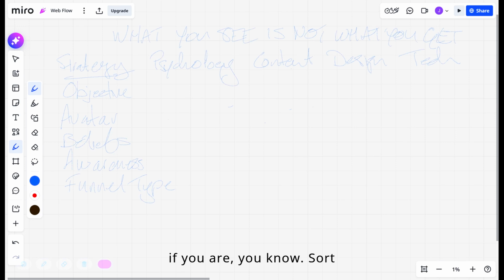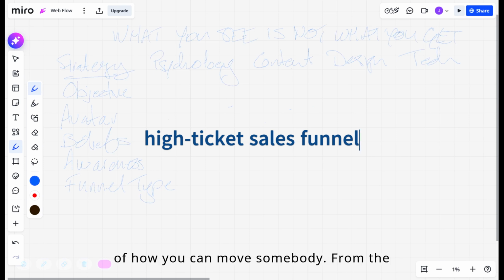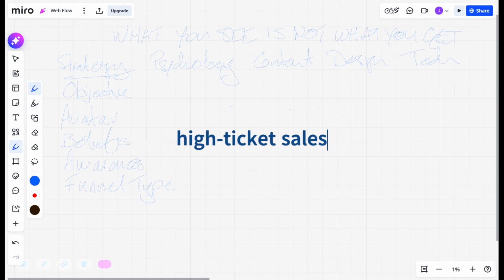But if you are selling a high ticket item that requires a whole bunch of different steps, that becomes a lot more complicated, a lot more automation, a lot more steps, and a much wider awareness of how you can move somebody from the beginning to the end of that funnel.